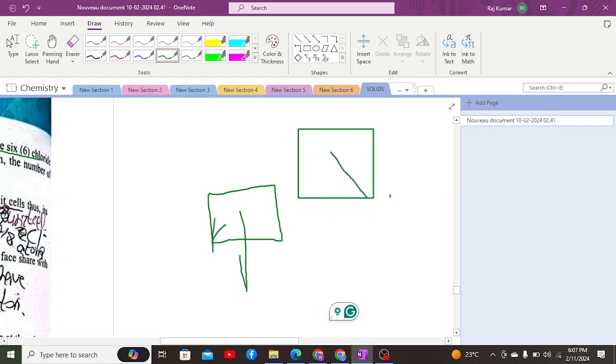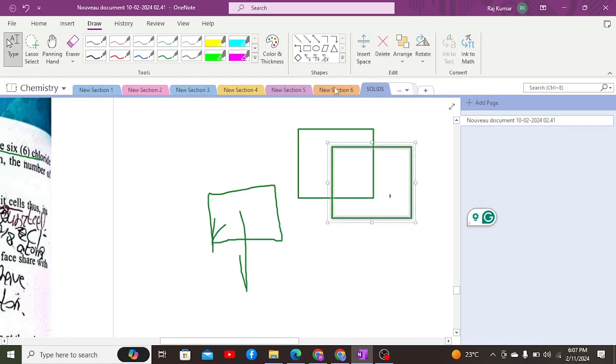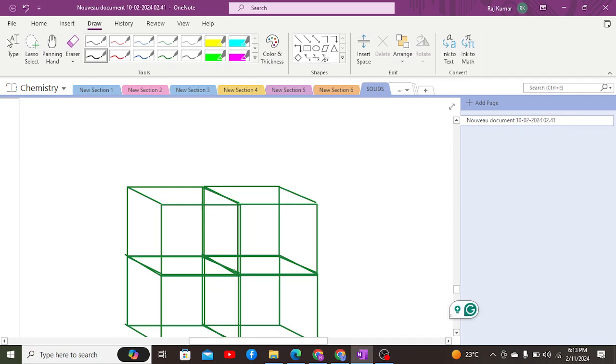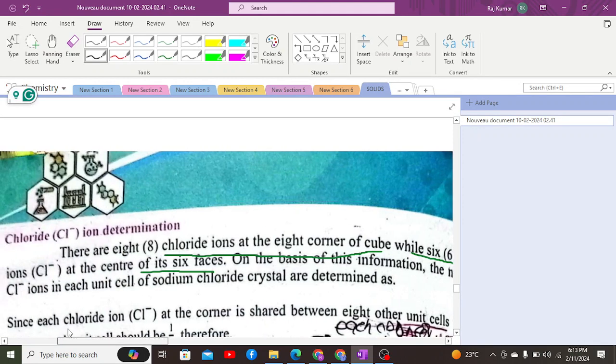Likewise, such that now the structure is drawn, and here as you can see, if we talk about the arrangement, first and foremost, we are discussing the arrangement of chloride ions.